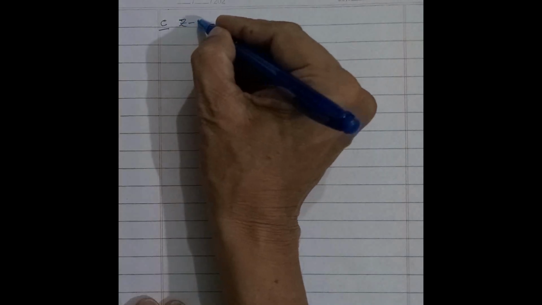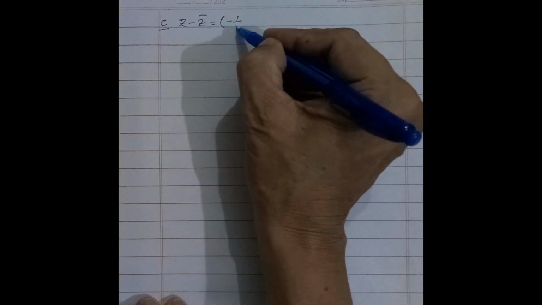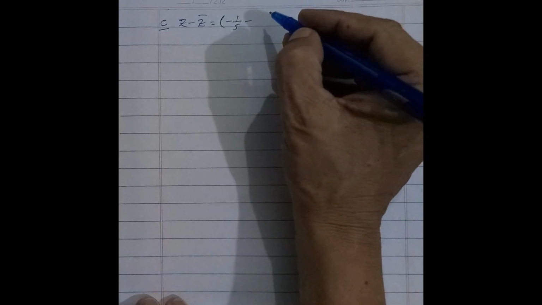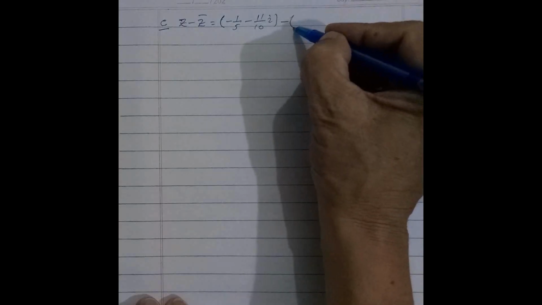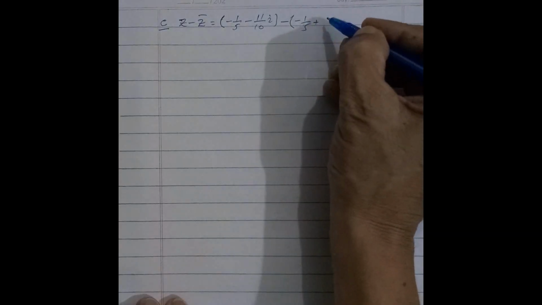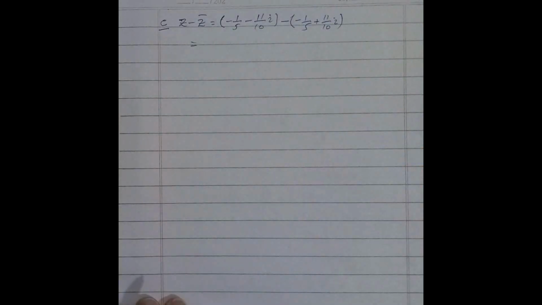Z minus Z bar. So we write the values of Z and Z bar and then simplify. The Z is minus 1 over 5 minus 11 over 10 iota, minus minus 1 over 5 plus 11 over 10 iota. Now we simplify these values.